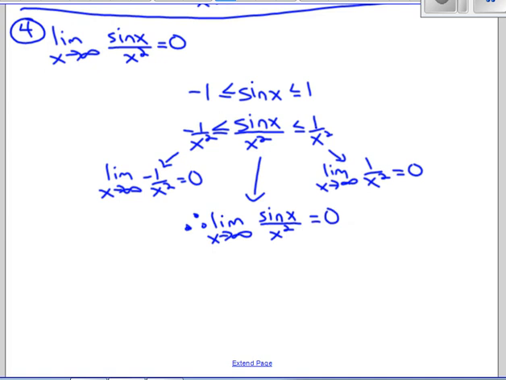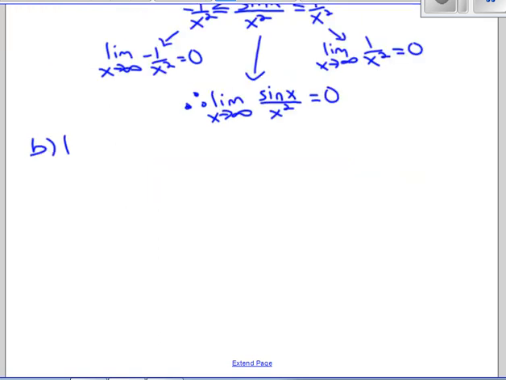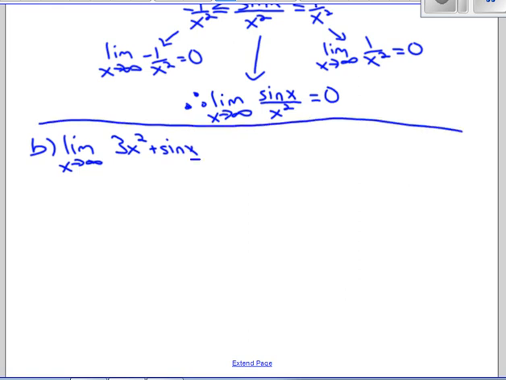Okay, part B asks us to find this limit. The limit as x goes to infinity of 3x squared plus sine x all over x squared, which we could rewrite as the limit as x goes to infinity of 3x squared over x squared plus sine x over x squared.